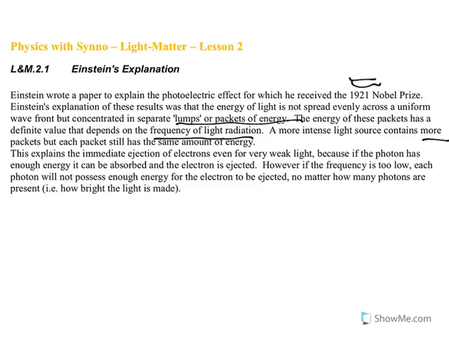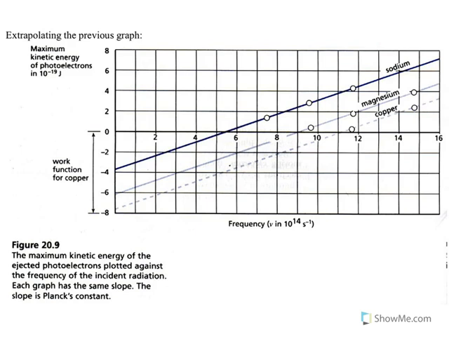And then the frequency, if that's too low, each photon has not enough energy, no matter how bright the light was. So if we have a look at another graph very similar to one I did before on the photoelectric effect, here we've got three different cathode materials: sodium, magnesium, and copper.